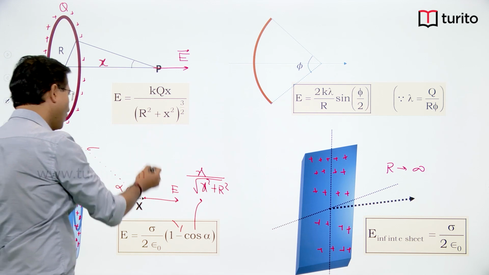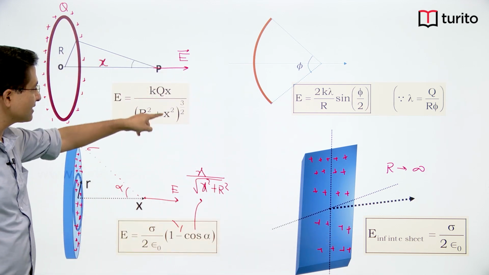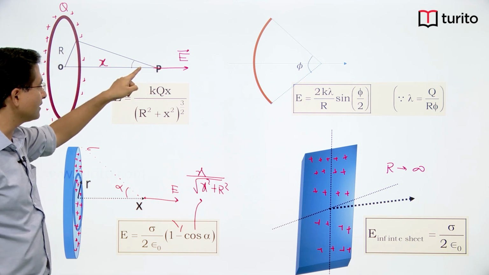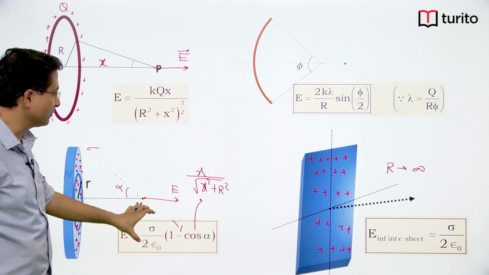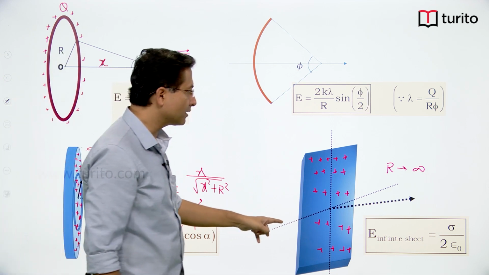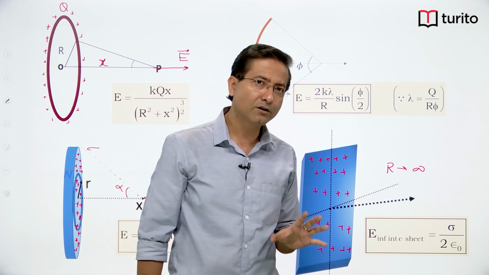Look at all these three expressions. This one contains x, which means the field at distance x from the center depends on x. Similarly, here the field depends on x, but in this situation the field is independent of x. Everywhere the field will be the same.